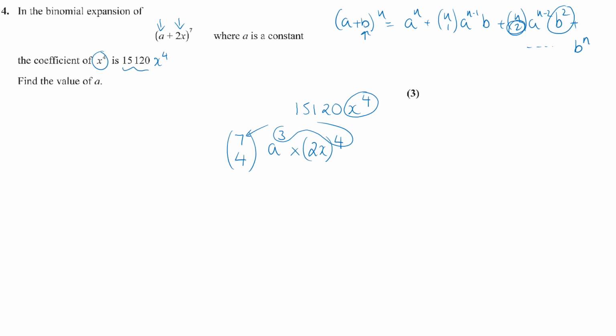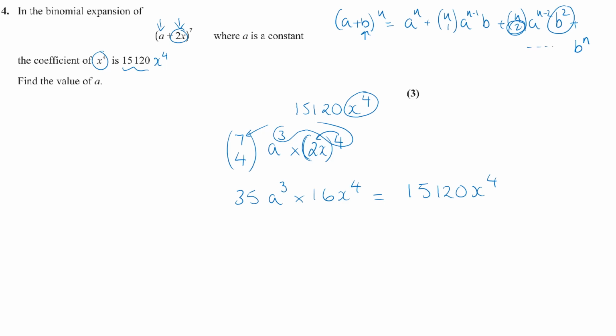Now on your calculators, 7C4 comes out to be 35 a cubed, and then you just have to remember that this 4 has to operate on everything in the bracket that's on that second term, so that's going to be times 16x to the 4, is equal to our 15120 x to the 4.